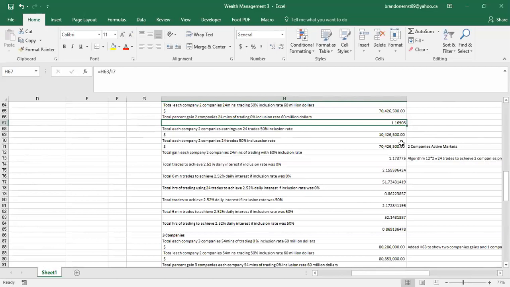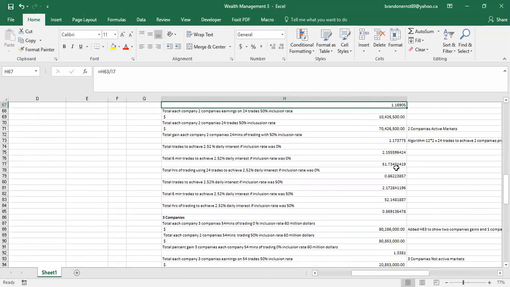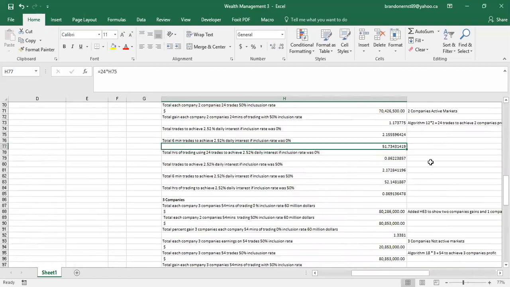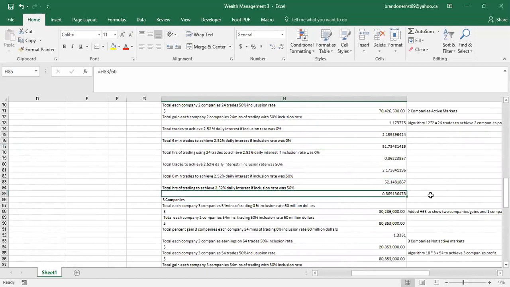And then when we get into your daily interest, this total of 6-minute trades and the time achieved to do this is all calculated in here. I'm not going to go through it right now.